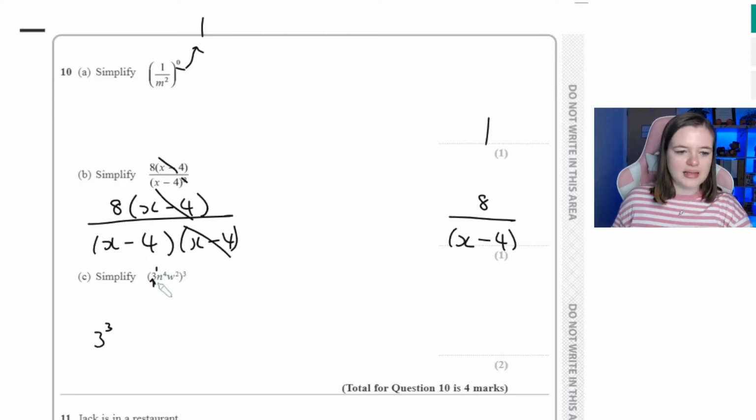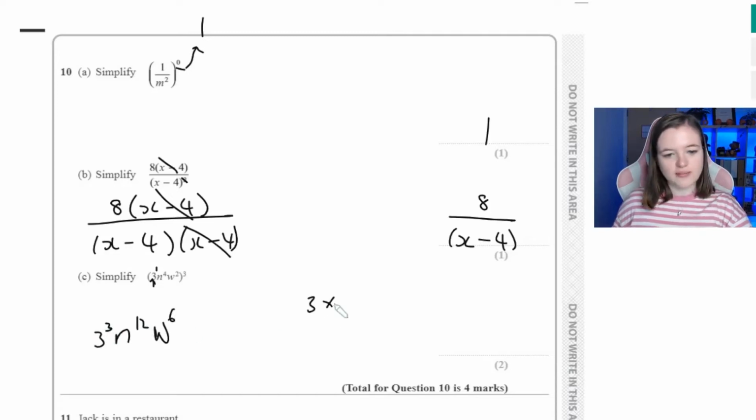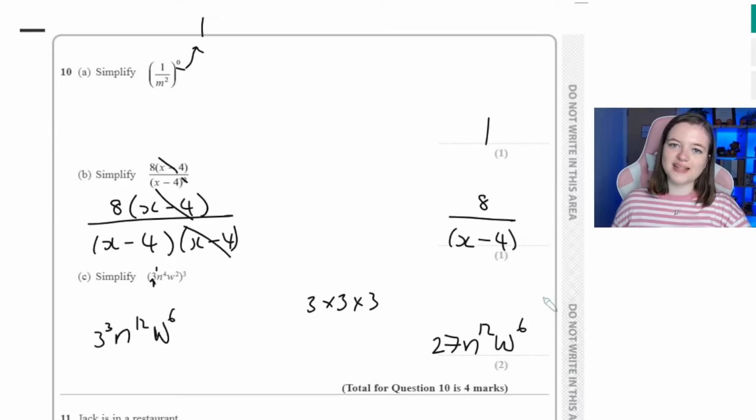And then n to the 4 times 3, that's now n to the 12. We've got w squared, so 2 times 3, so w to the 6. And then all we're going to do is 3 cubed, which is 3 times 3 times 3, which is 27. So we're going to get 27 n to the 12, w to the 6. And that is that.